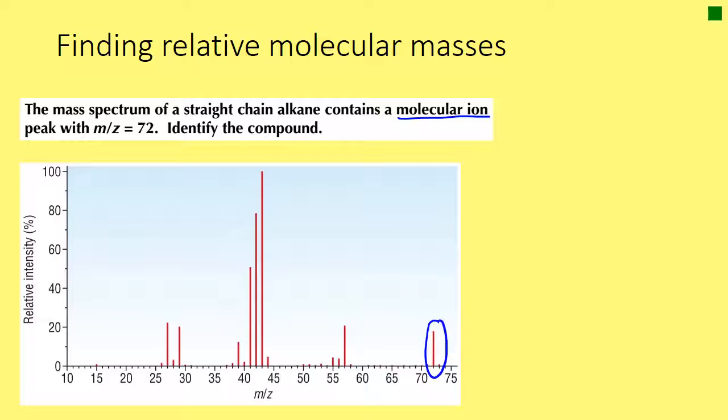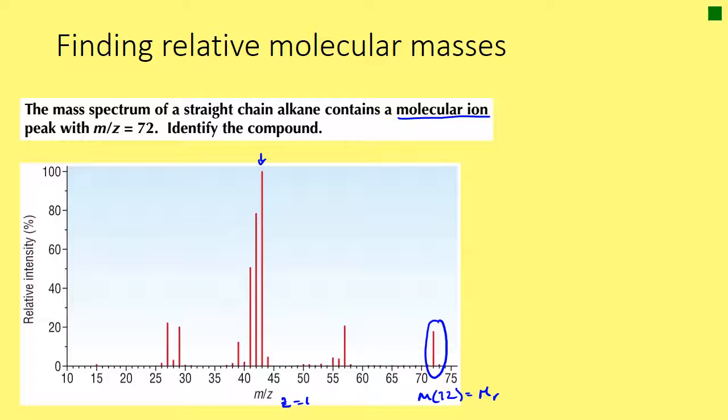So it's the largest m/z value, not the highest intensity peak, which would be this one, of course. So the peak with the highest m/z value, and z is pretty much always 1. When z equals 1, then m over z equals m. So what we can say is that the m value here, which is 72, is the Mr of the compound. Okay, so from this spectrum we read that the Mr is 72.